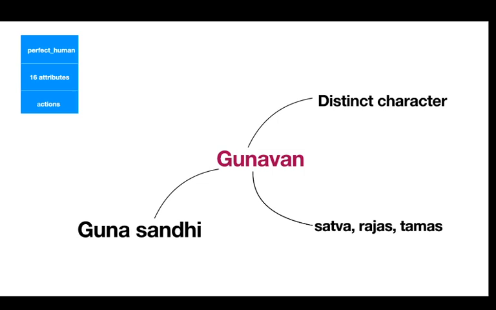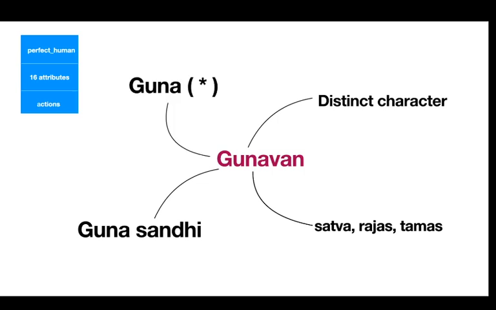A plus u making it o. Now, how is it relevant to us? Well, the most important sound in Indian philosophy, the most important symbol is Om. Then you will understand why Gunasandhi and how Ramayana and the spirituality of Ramayana are interlinked to each other.